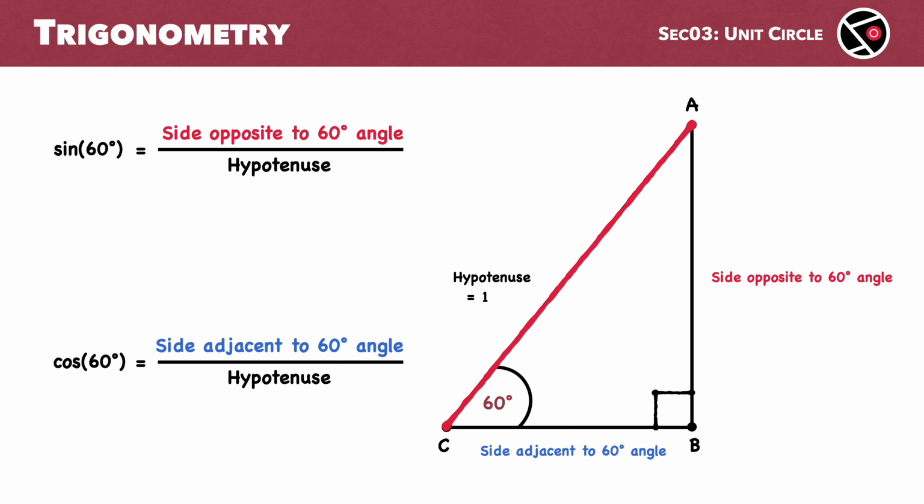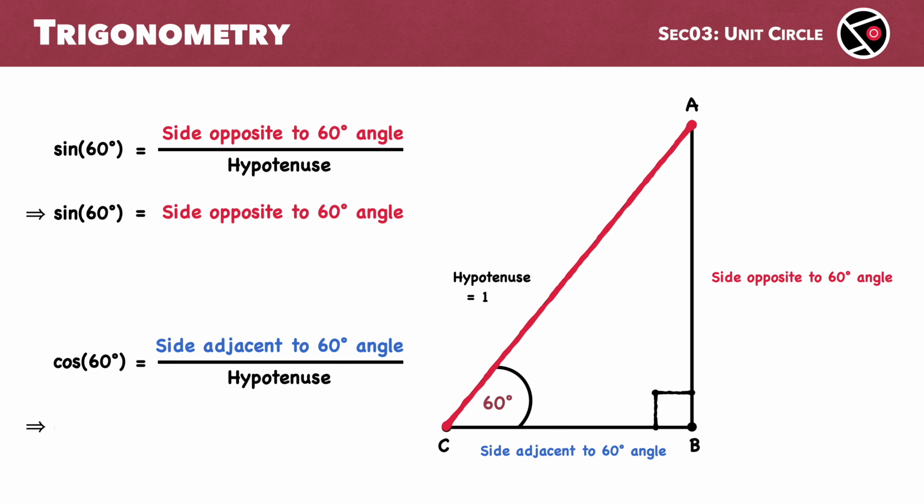Alright, let's now see what happens to our trigonometric ratios sin 60 degrees and cos 60 degrees when the hypotenuse AC is 1. With the hypotenuse equal to 1, sine of 60 degrees is equal to the length of the side opposite to the 60-degree angle.